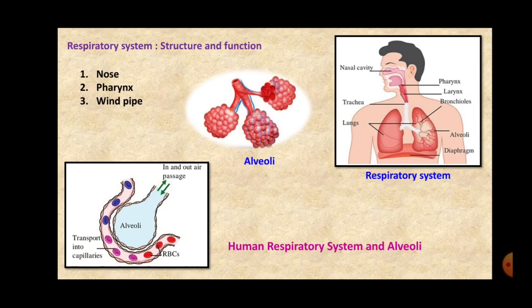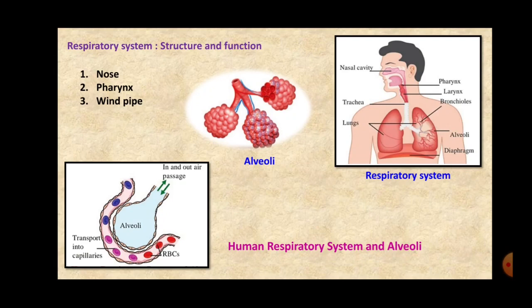Now this windpipe is swollen at the beginning due to the sound box which is present. Now this windpipe bifurcates in the thorax and it forms two bronchi. So one trachea divides into two because each one enters into the lungs, right?